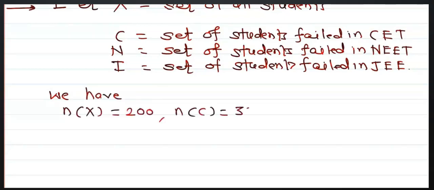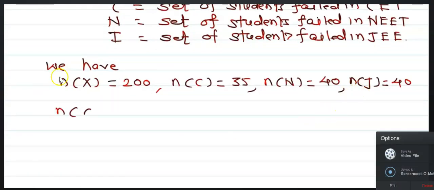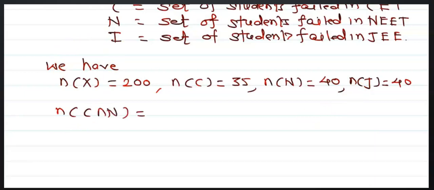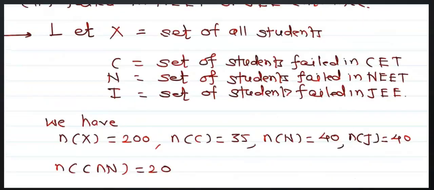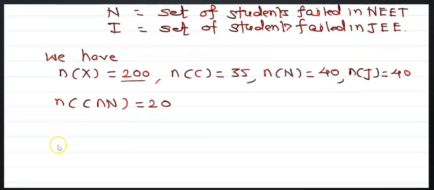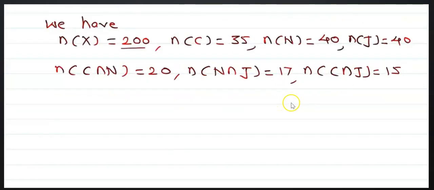Now we have N of X is equal to 200. N of C is equal to 35. N of N is equal to 40. N of J is equal to 40. I had changed it here; by mistake it is written as I. Now the next is N of C intersection N, that is the students who failed in NEET and CET, that is 20. Next is the number of students who failed in both NEET and JEE, 17.